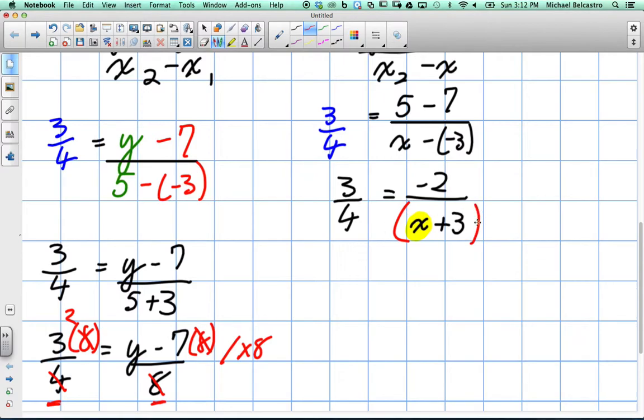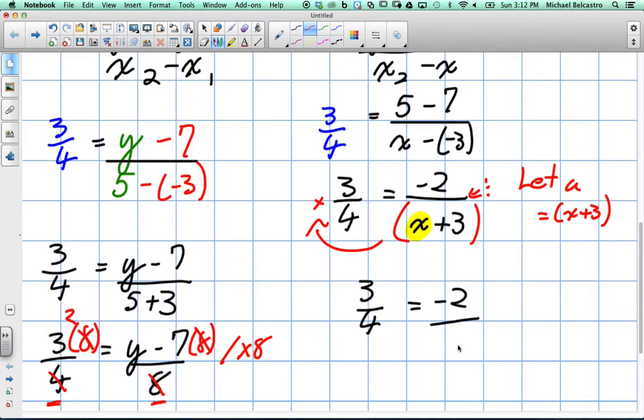Really we can move the entire bracket over at once and multiply because this is division, but that might be complicated. So what I'm going to do instead is say let the letter a equal x plus 3, so you can see this as a better visual. And we have 3 over 4 is equal to negative 2 over a. The goal is to get a by itself.